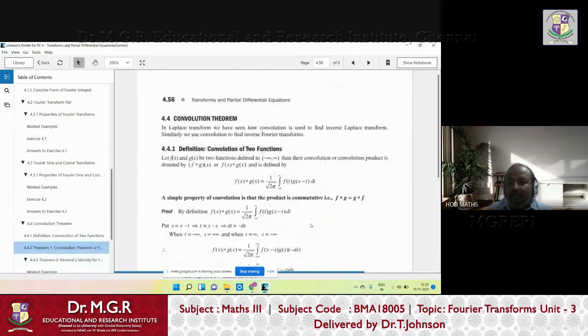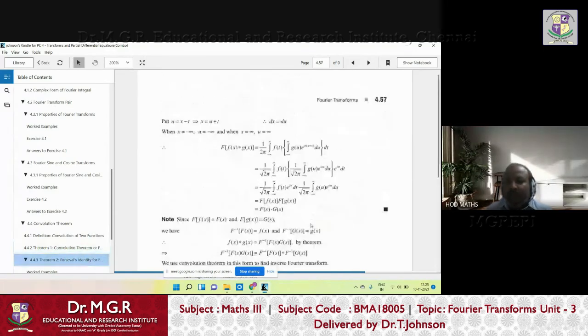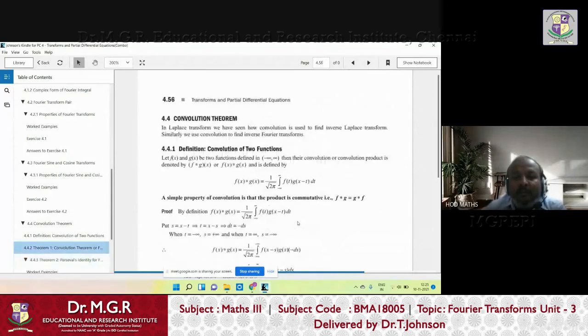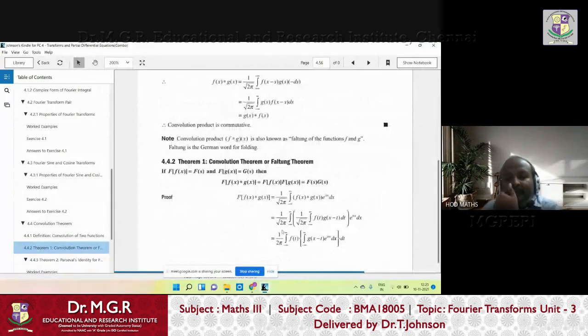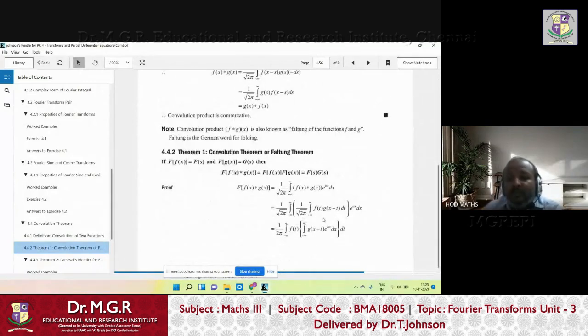Now you have to use a simple property, just like in the last property where you put a substitution. Similarly, you have to use the substitution here. g of x minus t is a function of x as well as t, so it will be in the inner integral, inside dx as well as inside dt.